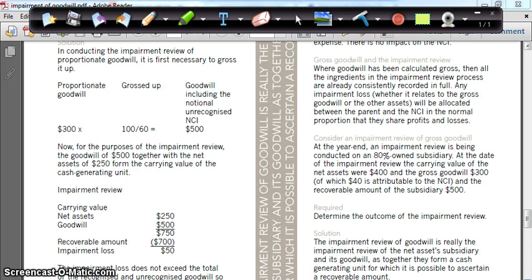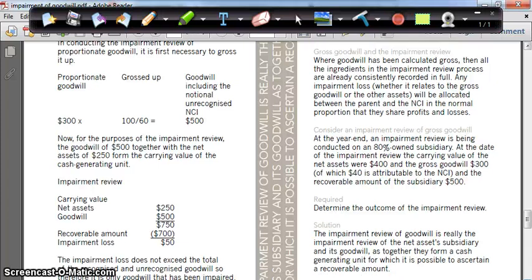So this impairment loss needs to be recognised first against goodwill, and then if there's anything else, against the net assets. But there's not going to be an effect on the non-controlling interest because this is the proportionate goodwill method. If we just look across the page, we have the calculation of this if it was for the gross goodwill method.